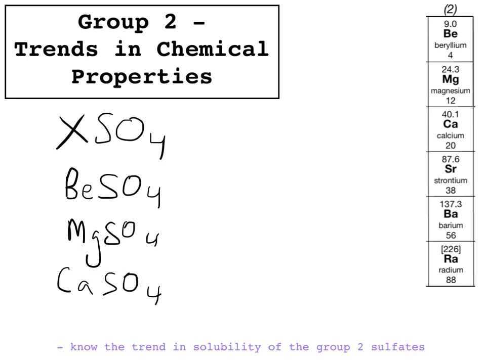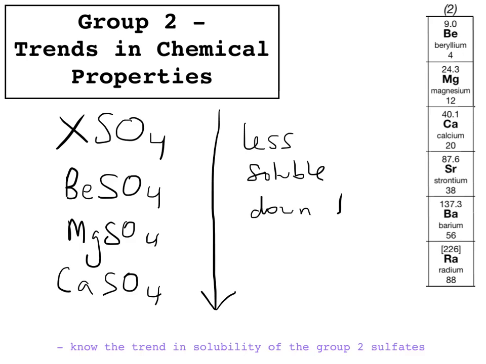And this time, down the group, they are less soluble. This means that barium sulfate doesn't dissolve at all in water, which gives it uses in medicine, which we'll discuss a bit later, even though barium is very toxic.